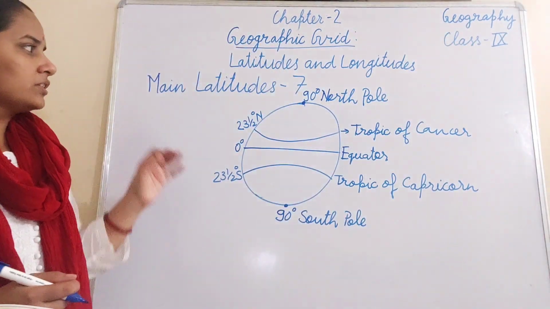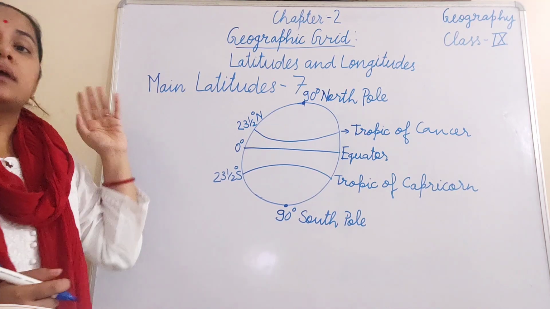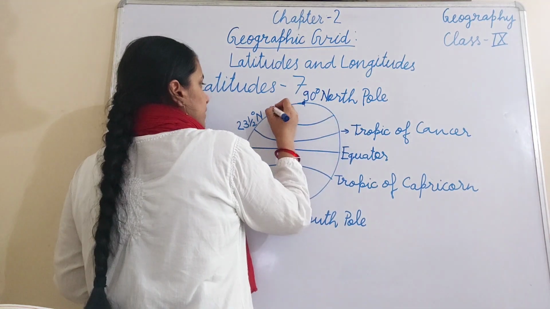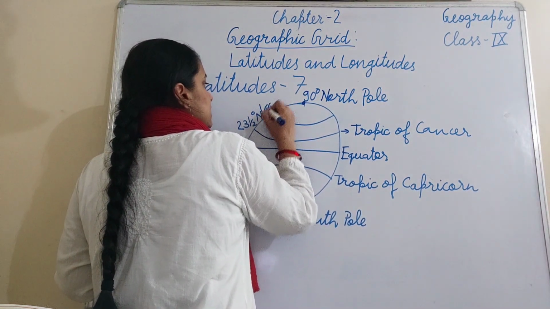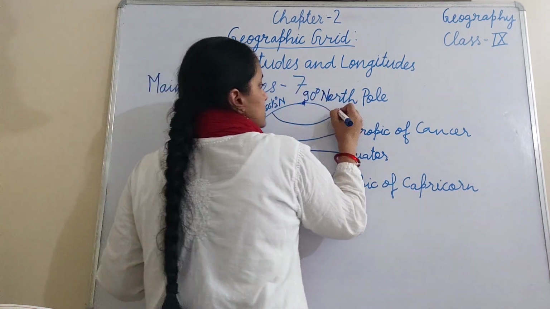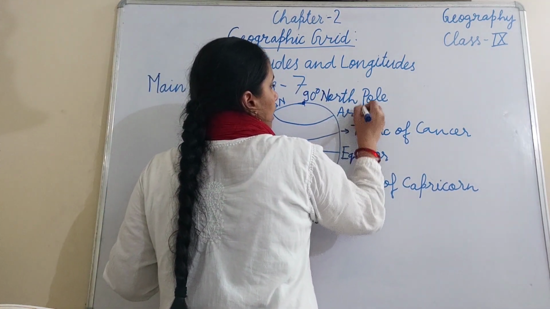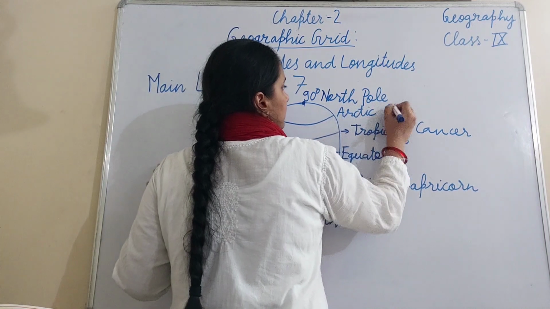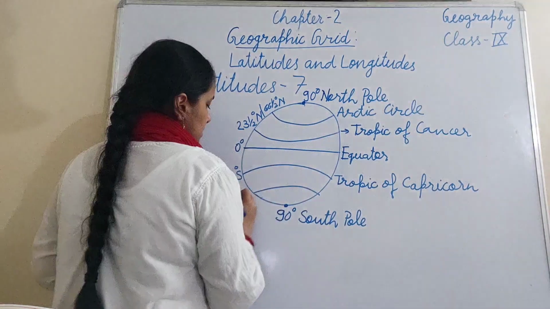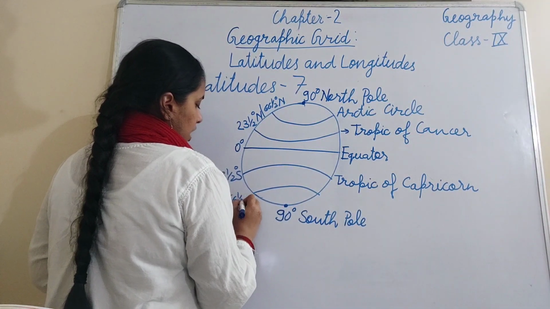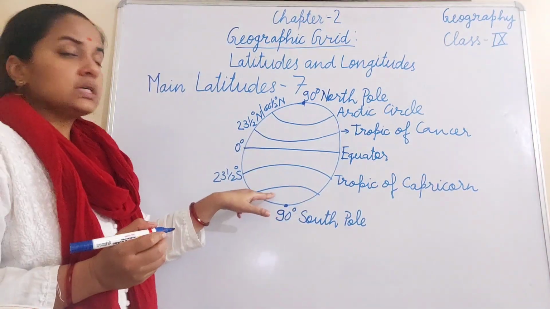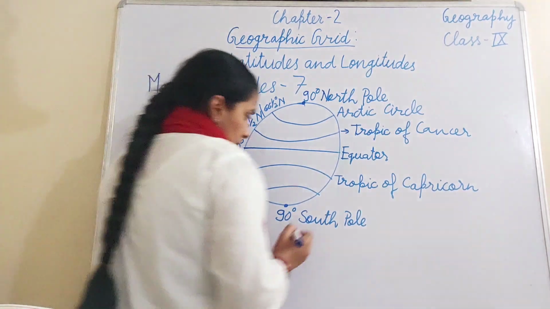The next important latitude is the Arctic Circle, in the northern hemisphere, at 66.5 degree north. And opposite to it, at 66.5 degree south, this line of latitude is known as the Antarctic Circle.